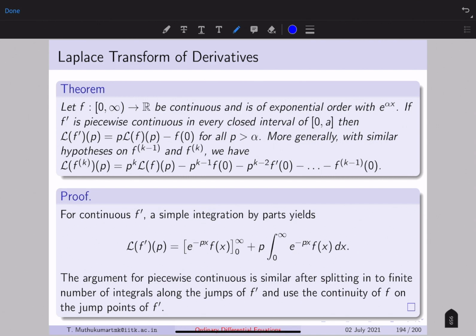For piecewise continuous f prime, you do the same thing: you split the integral into a finite number of integrals and apply the same integration by parts. Similarly for higher order derivatives, you can show it by induction, doing integration by parts as many times as needed. So you get this identity, which will be some polynomial in p.